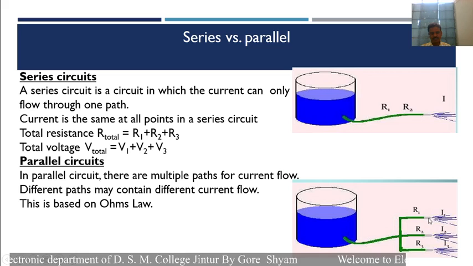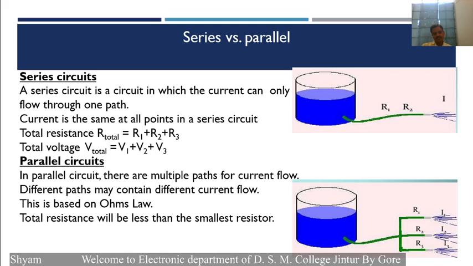And in a parallel circuit there are multiple paths available, and different paths may have different flow of current, depending upon the resistance of the branch, and this is based on Ohm's law.